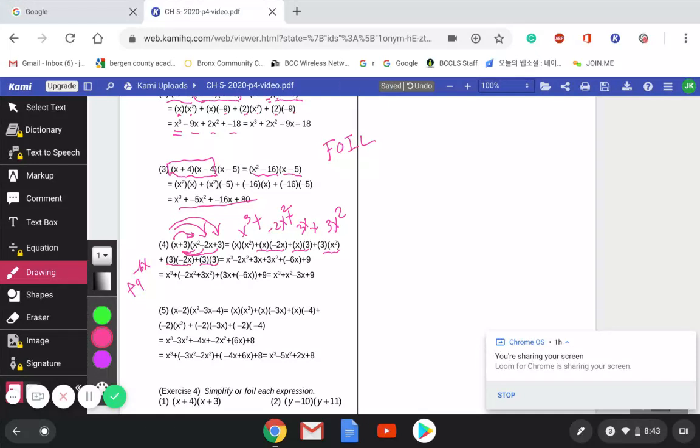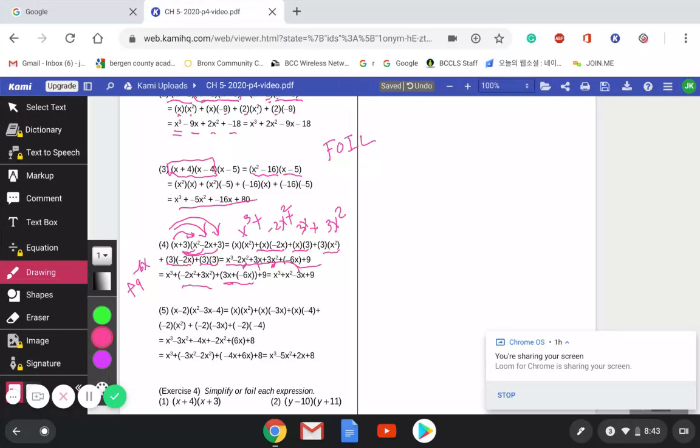So if you rewrite this, it becomes that. And then you combine the like terms because you have x squared here, you have x squared there, they are like terms, so you group them. You have an x with the x, so you group them. And 9.